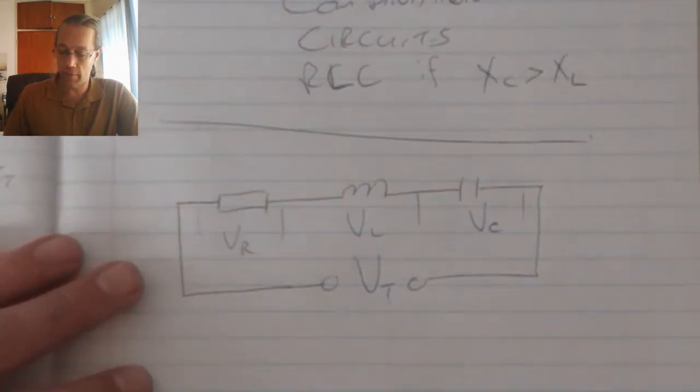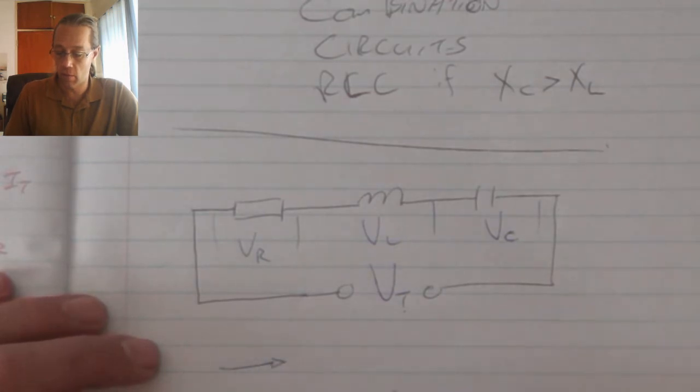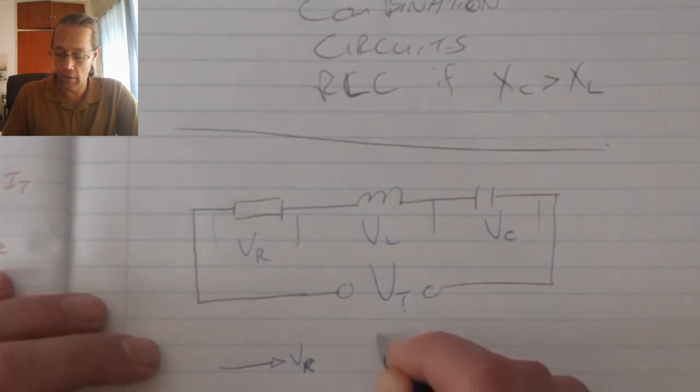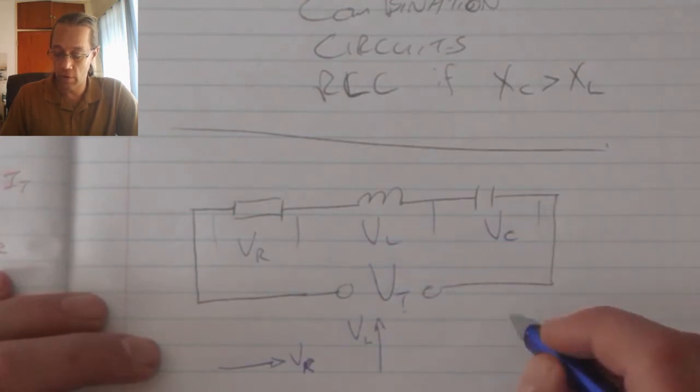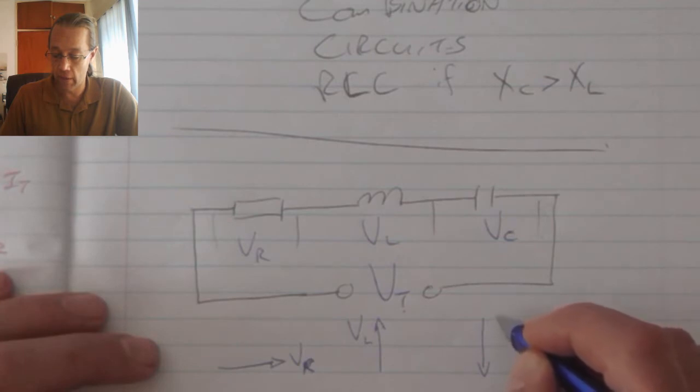When looking at the phasor diagrams, again the resistor will be at 0 degrees, the inductor will lead at 90 degrees in accordance with its voltage, and the capacitor will lag.